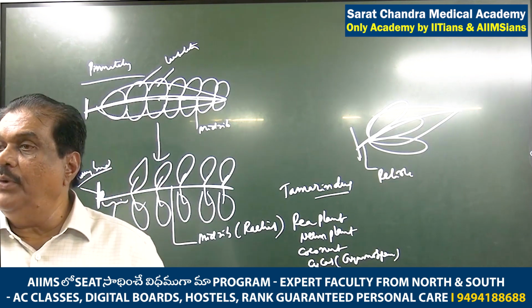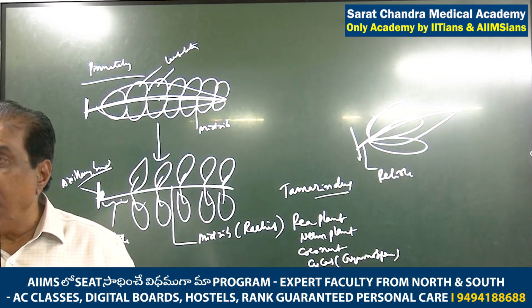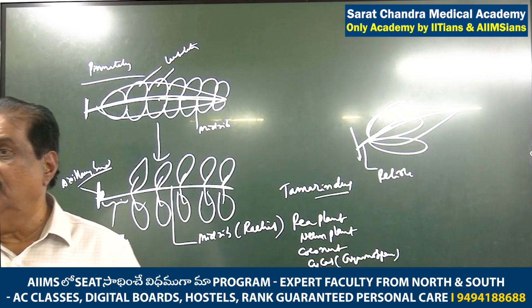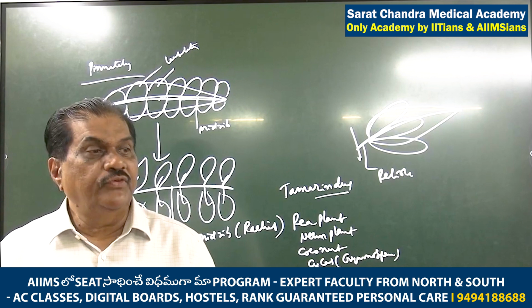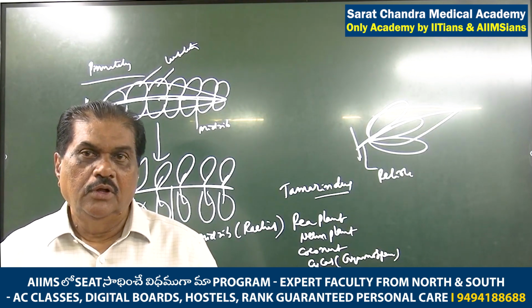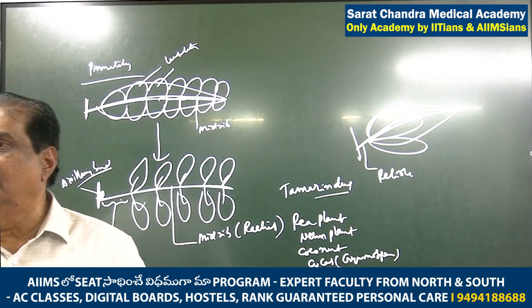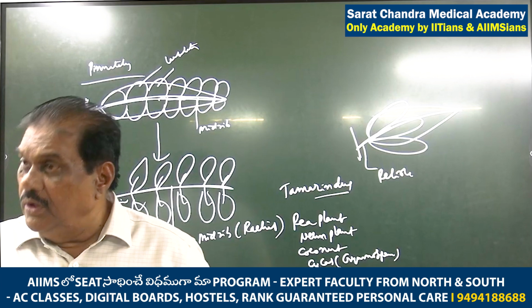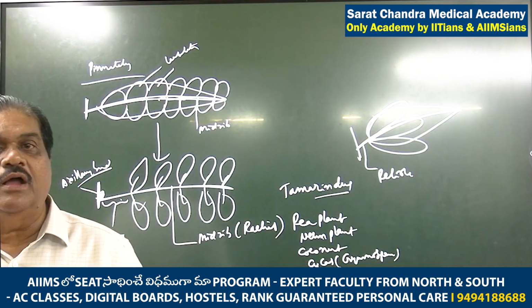In palmately compound leaves, where are leaflets located? At the tip of the petiole, not on the rachis. So in a palmately compound leaf, rachis is absent. Rachis is present in pinnately compound leaf and absent in palmately compound leaf.